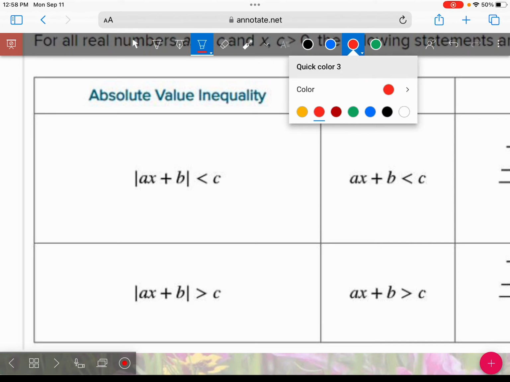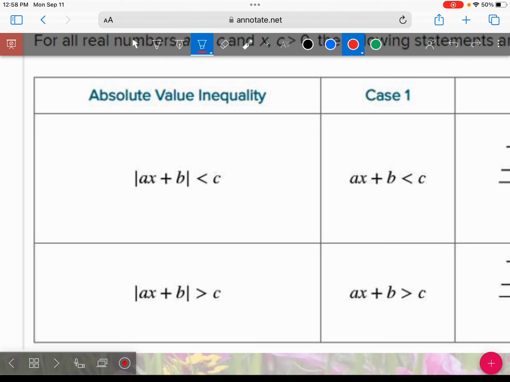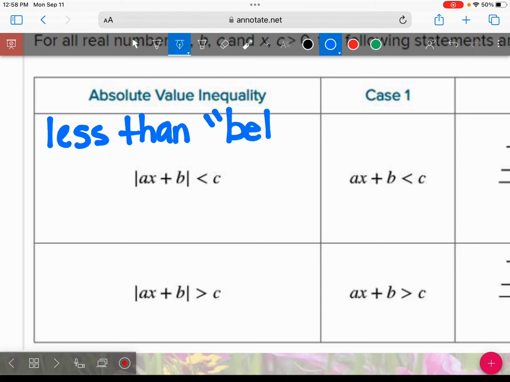So this first one is, what do you do if it's a less than inequality? So if it's less than, then you're going to have a between statement. And we're just going to write it as a between statement instead of two separate statements.